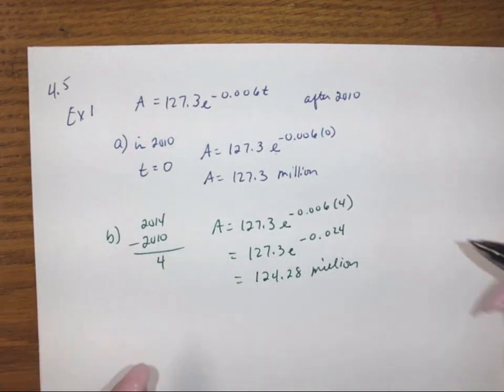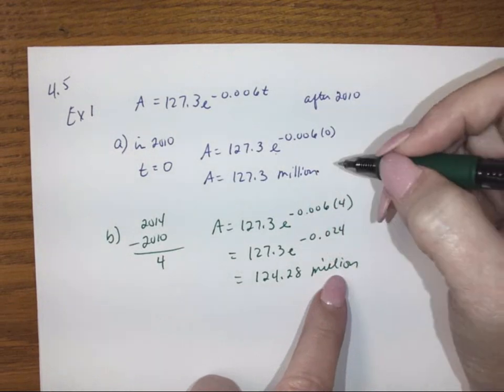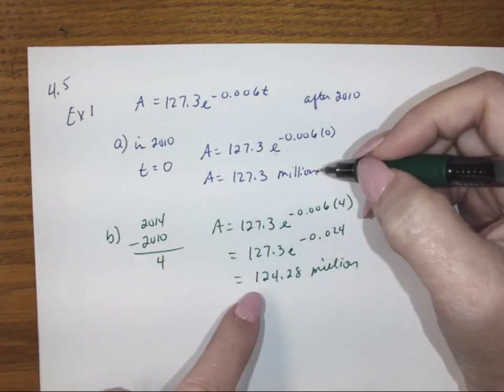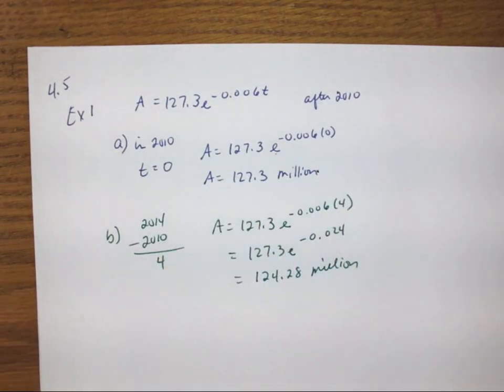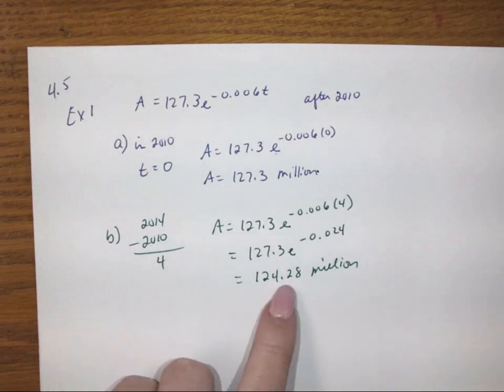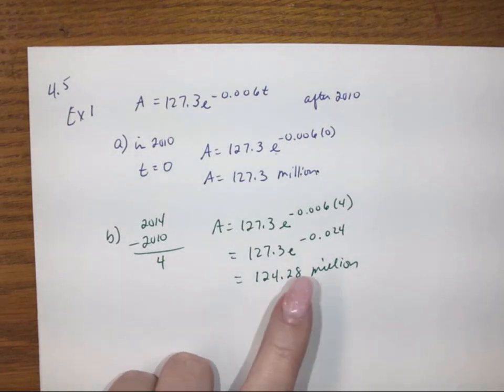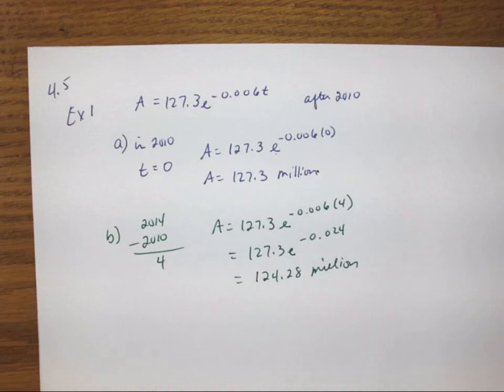So notice from this one to this one, what happened? We actually decreased. In 2014, 4 years later, we had less of our population, and that is because we have a negative exponent. So it is a decreasing value.